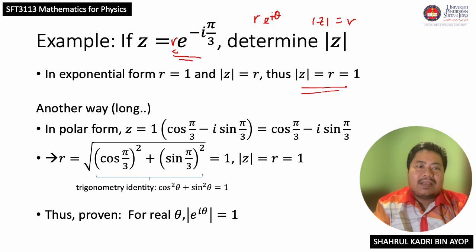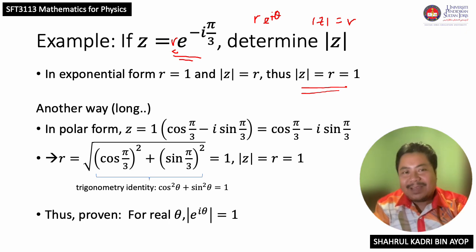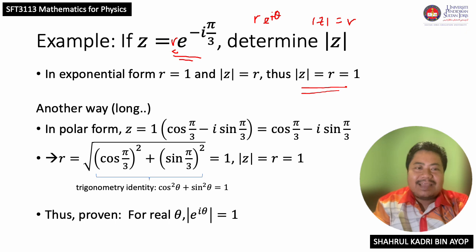Another way, which is a long way to determine the value of r, is expressing this exponential form of the complex number into the polar form: cos theta plus i sine theta.